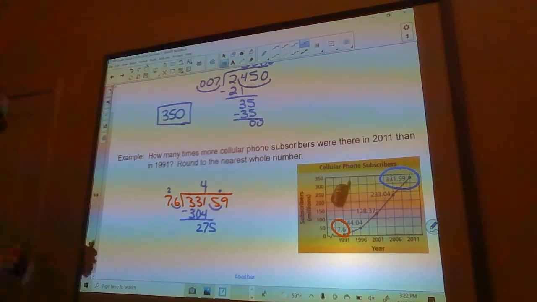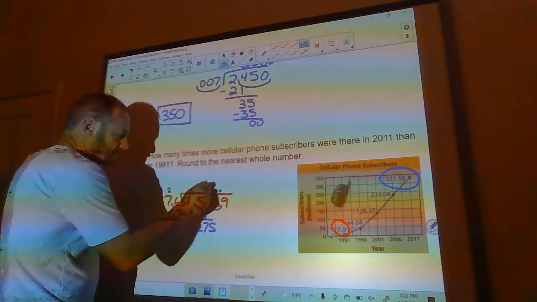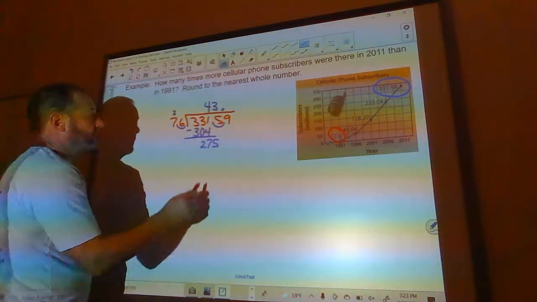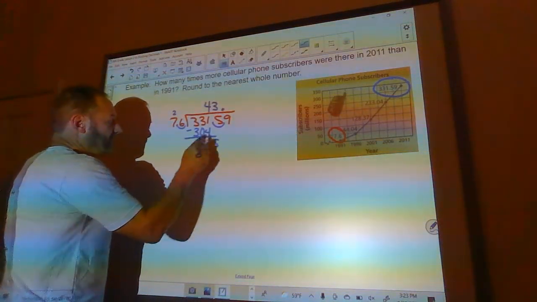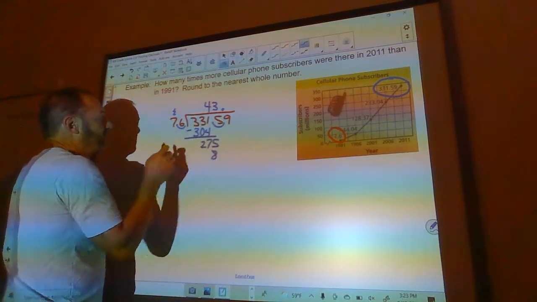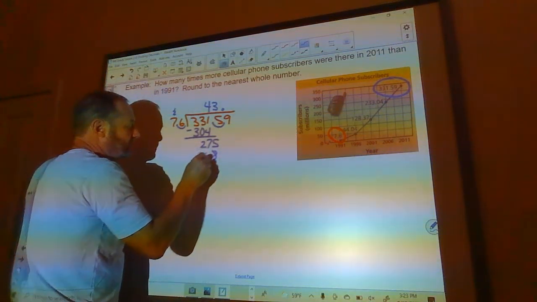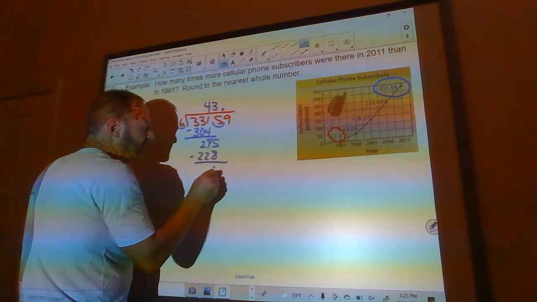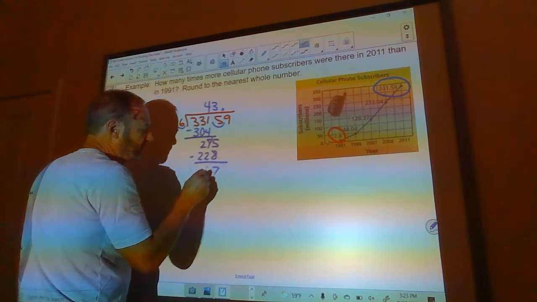Okay, 76 will go in there about 3 times. Okay, so 3 times 6 is 18. Carry my 1. 3 times 7 is 21, plus 1 is 22. Subtract, that leaves 7, and 6 minus 2 is 4.